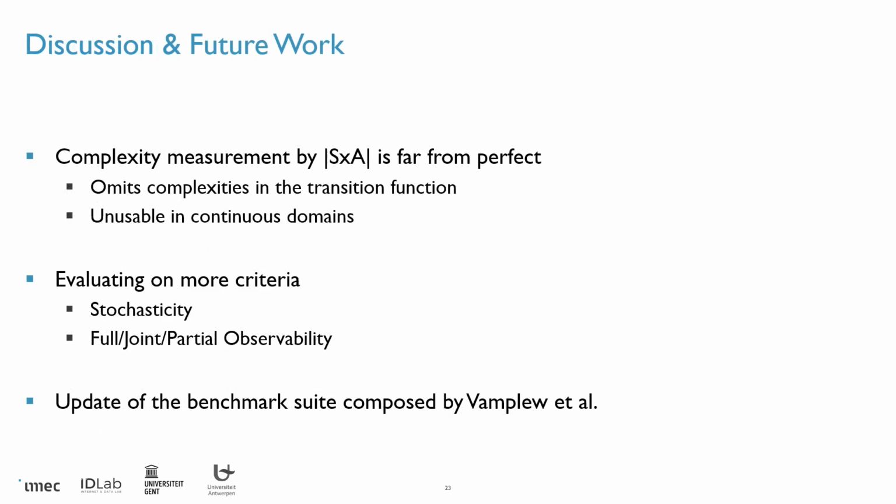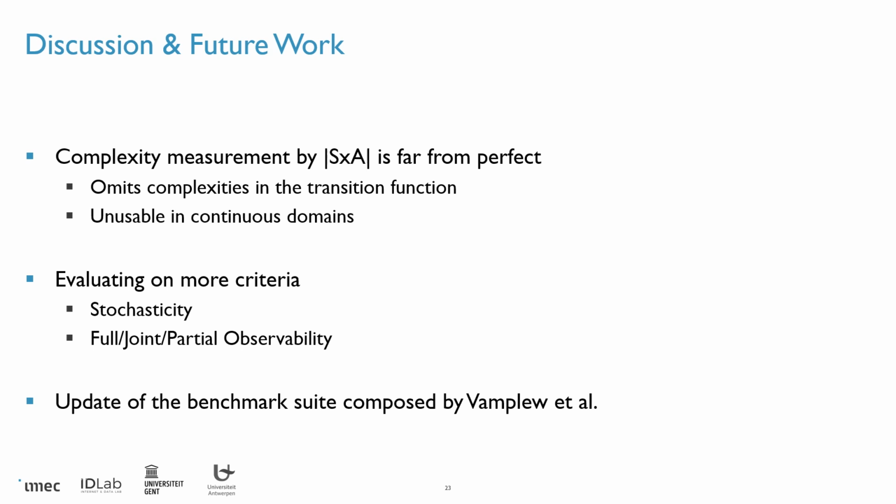Next, I will conclude this presentation with some possible notes for improvement. First, in this paper, we measured the complexity of different benchmarks using the size of their state action space. Unfortunately, this measure of complexity is far from perfect, since it omits any complexities in the transition function and it is not usable in continuous domains.